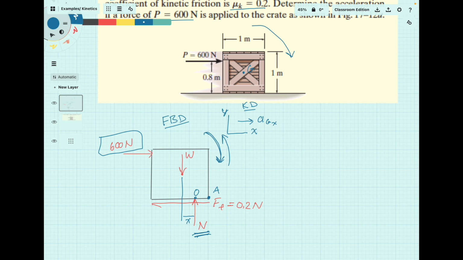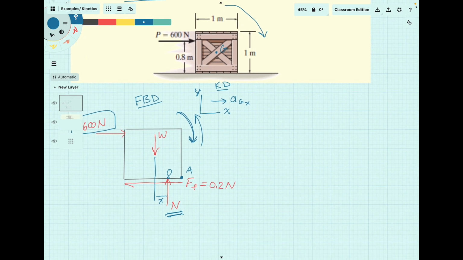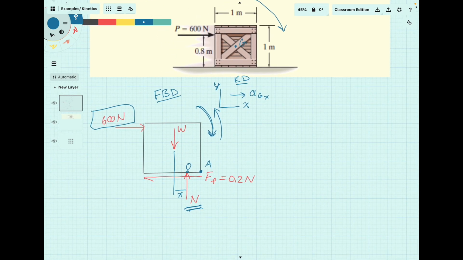We'll see that when we add this up. But what we're treating that as is that the distance that the perceived normal force acts is not known. That is a variable that we will solve out of the system of equations, which is quite good.